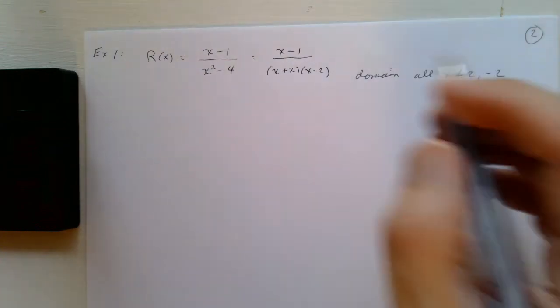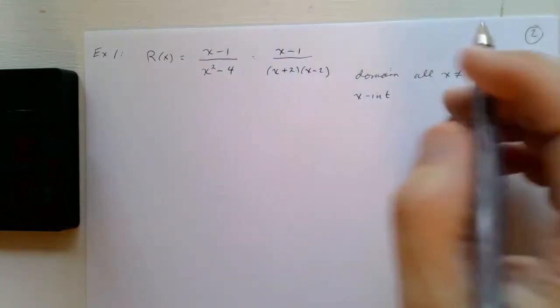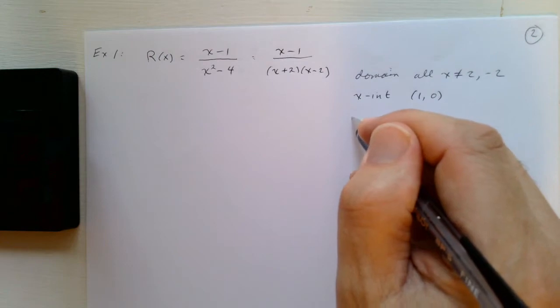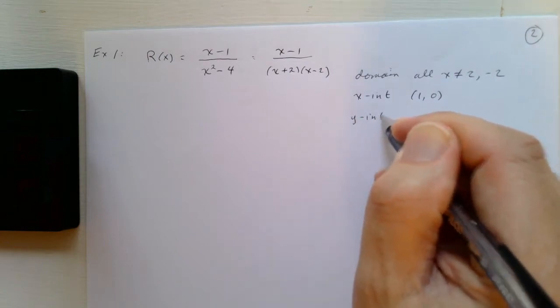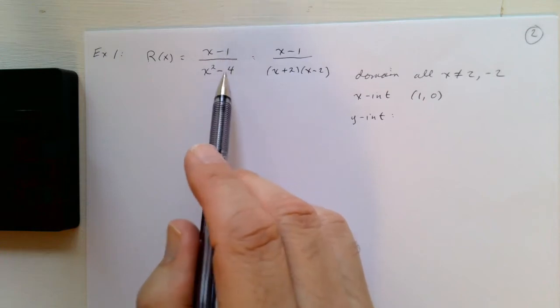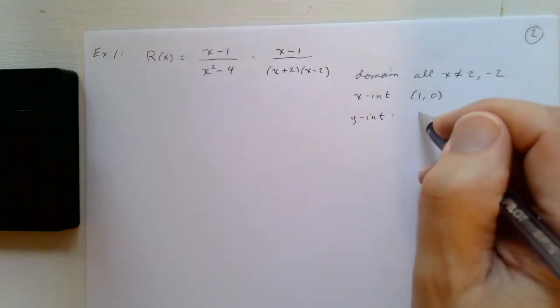Then we find the x-intercept. We set x minus 1 equals 0, and we get 1. For the y-intercept, we plug in x equals 0 here, we get negative 1 over negative 4, so that's positive 1/4.